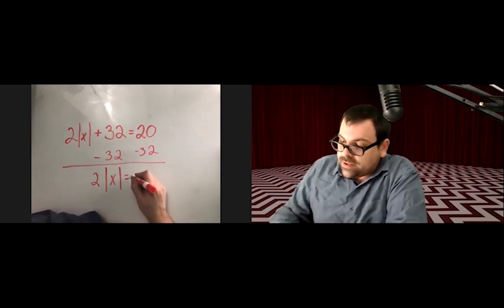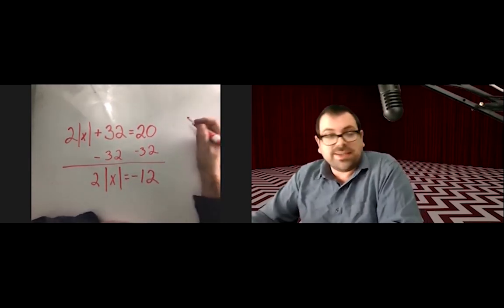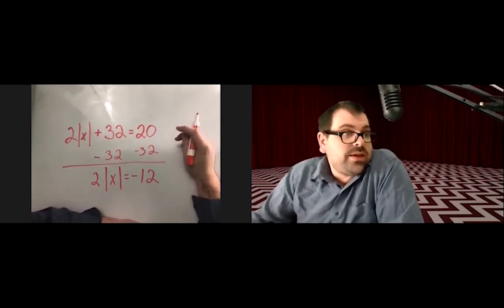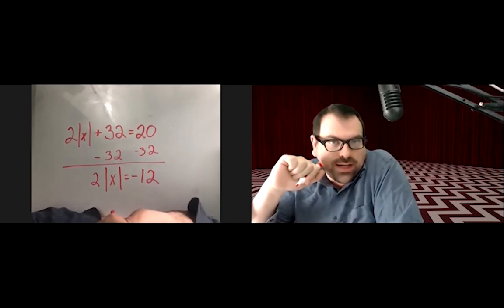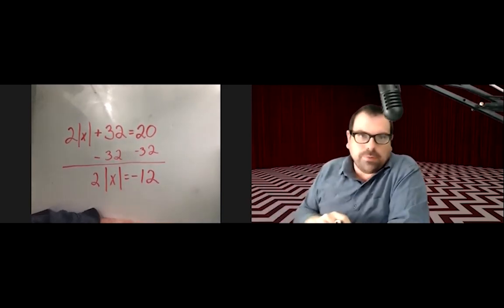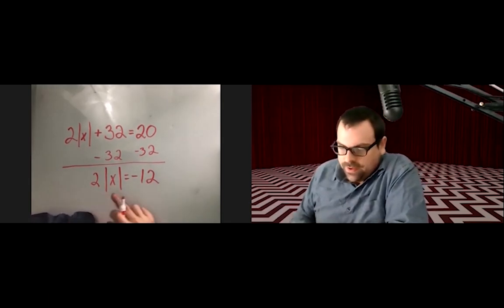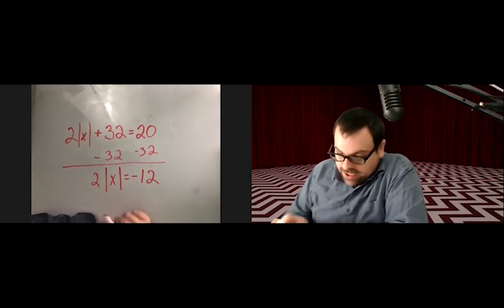On the right, 20 minus 32 is negative 12. And at this point, it's not impossible that you might see the answer. I'm going to keep going, though. In order to get the absolute value by itself, I need to get rid of multiplying by 2.